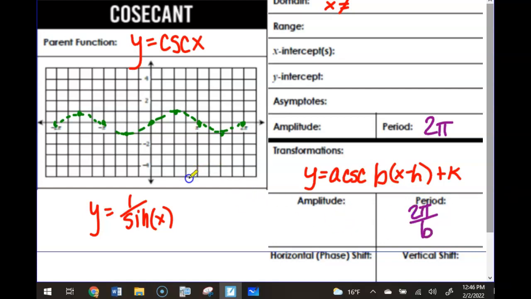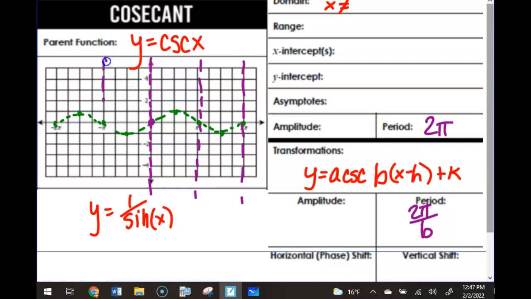But what happens for cosecant is it is the reciprocal of that green graph. So what is the reciprocal of 0, guys? 1 over 0 is? So every place that this had an x-intercept, the reciprocal graph will have an asymptote.